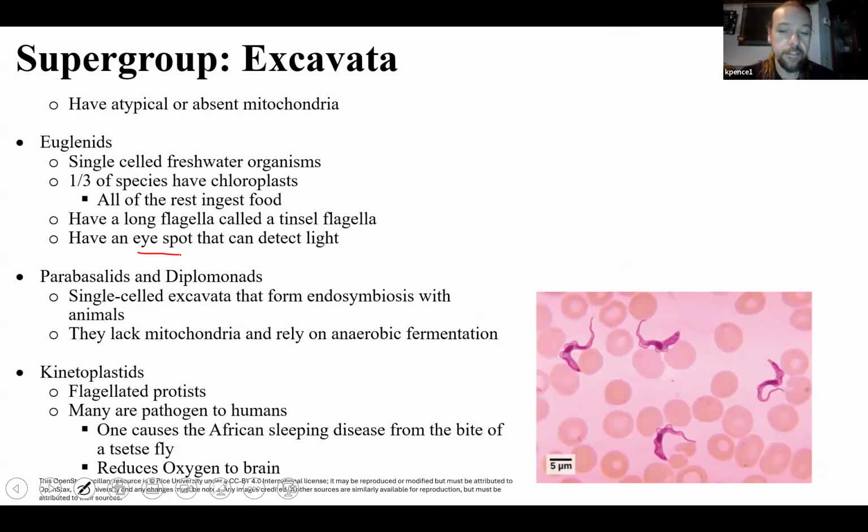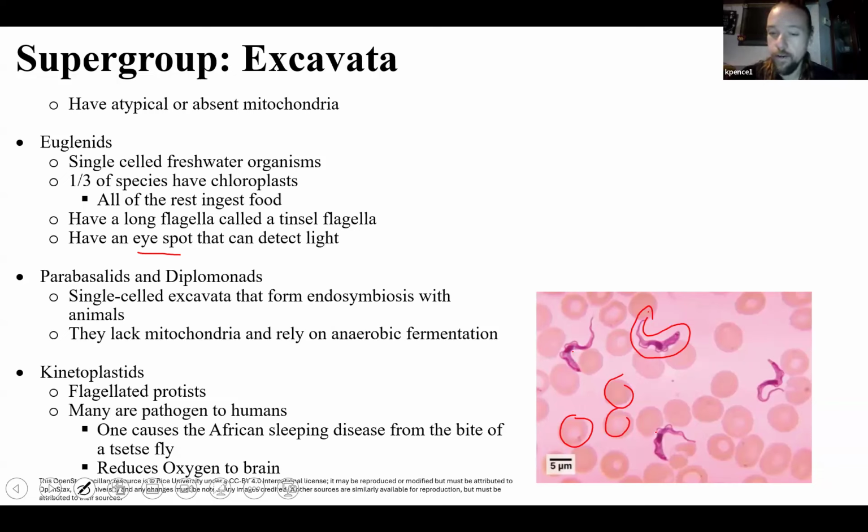Kinetoplastids is what you see at the bottom of the screen. Again, we're looking at red blood cells with these circular cells. And this wormy looking structure here is a kinetoplastid. You can tell it's also a protist because you see that dark spot in the middle; these dark spots are nuclei.